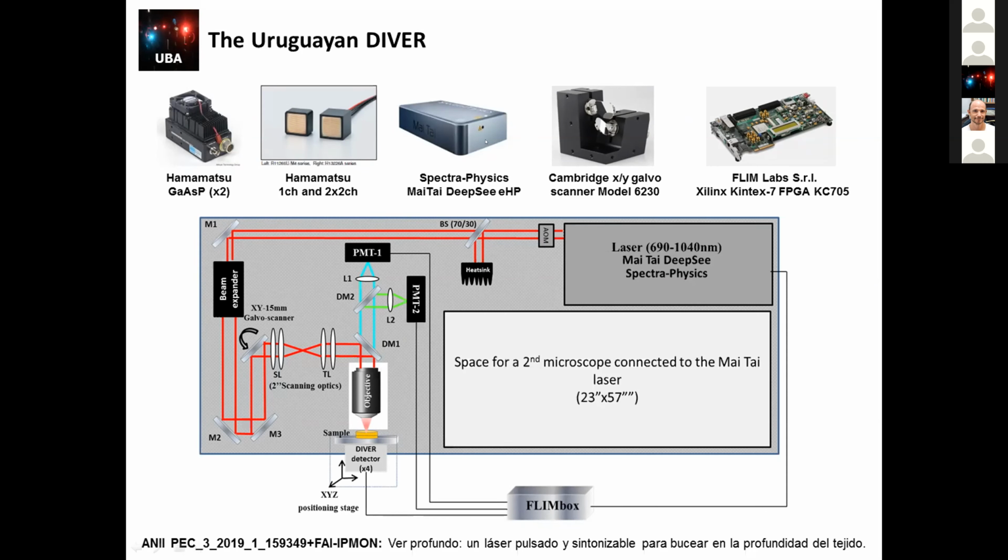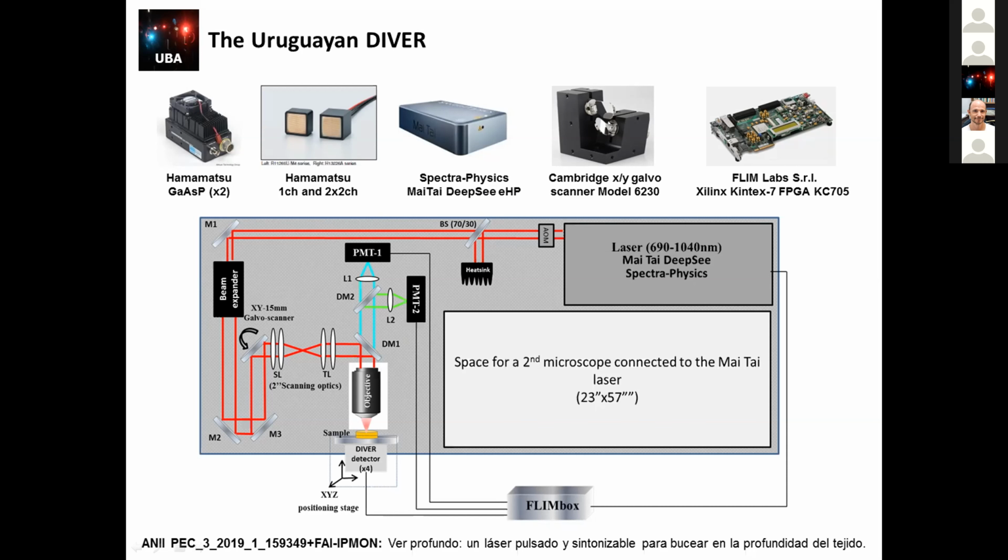And we will use this beautiful two-photon laser, which is the MaiTai, as I said before, with the DeepSee model and the eHP model with a shorter pulse, which enables increasing up to 3-4 times the excitation efficiency in depth without increasing the laser power. This is also important when you work with in vivo samples.